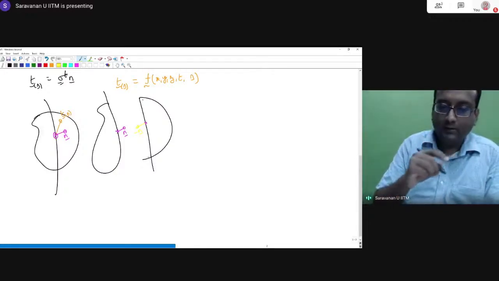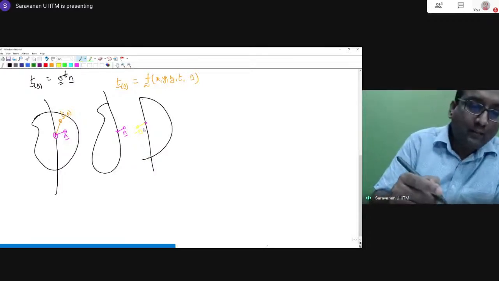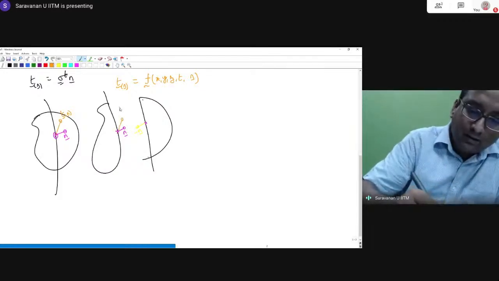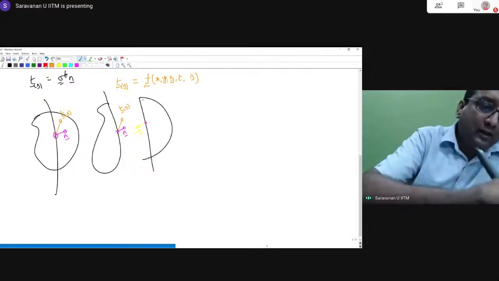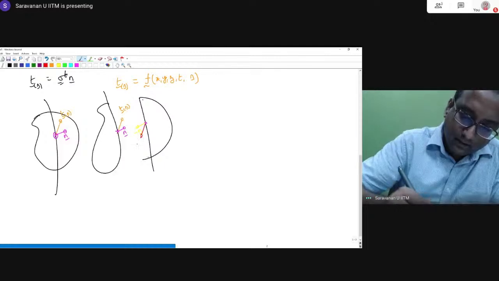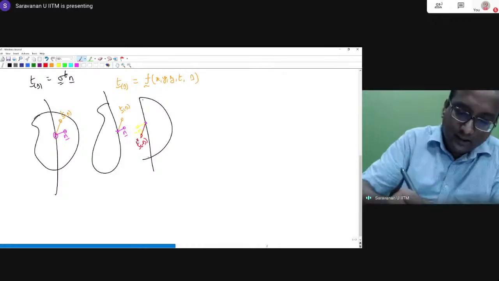The direction will be opposite and the magnitude is 1, so that will be minus n. If the traction acting here is t of n, the traction acting on this surface would be t star of minus n.